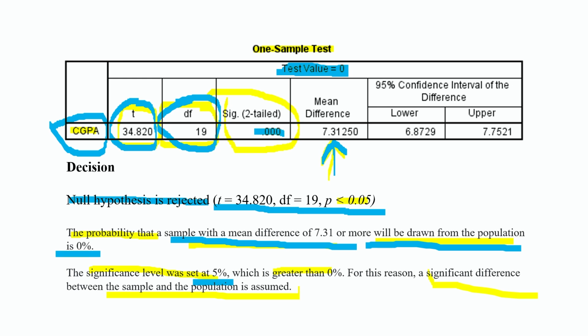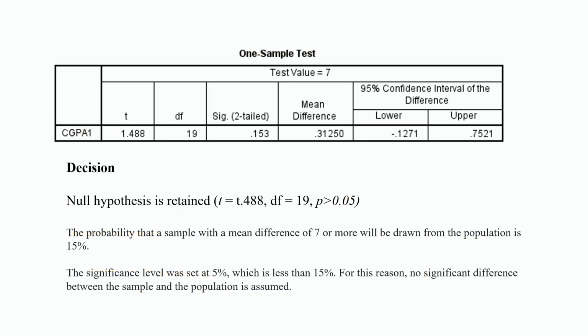So, let us see another example. Here you will find the same, I have changed the value slightly, that is called CGPA 1. Now the t value drastically came down, and the DF is the same. Look at the significance value. It is 0.153, that is 15%.